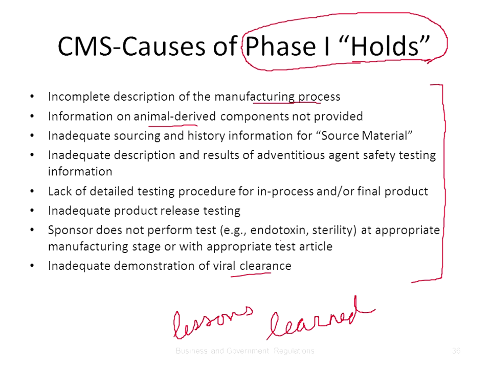These are all things that you should know that the FDA is concerned about, and you should be concerned about that as well, not just because the FDA is concerned about it, but because it's important for the safety of the patients, right? Inadequate sourcing and history of source material. All of these things are important.